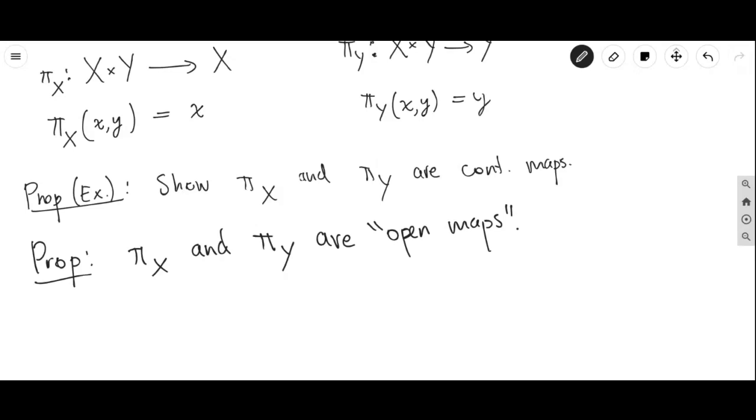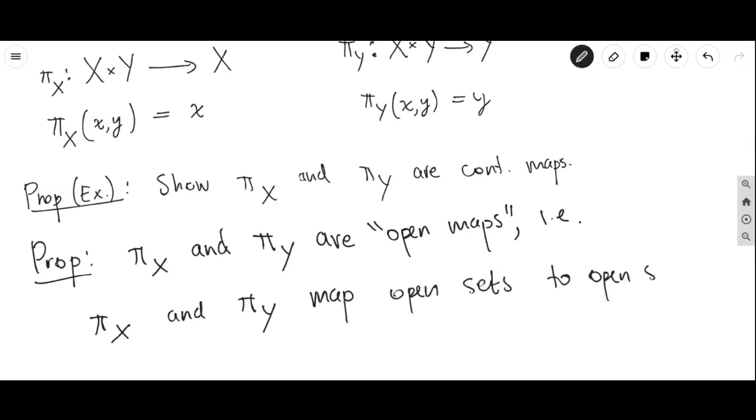An open map is quite simply, in other words, pi X and pi Y map open sets to open sets. If you prefer, you can say that the push forward of an open set is open.